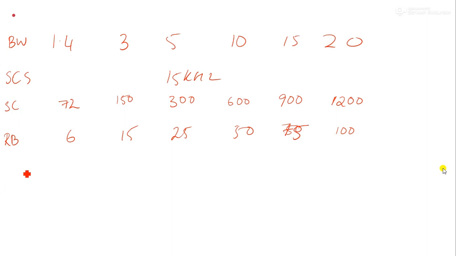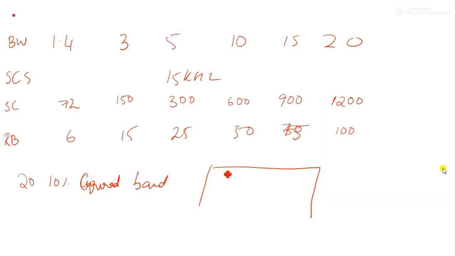One more important thing we have to remember: always, for the bandwidth we have, 10% will be given as a guard band. So if we consider 20 megahertz as my bandwidth, 1 megahertz on the upper side and 1 megahertz on the lower side is left as a guard period.